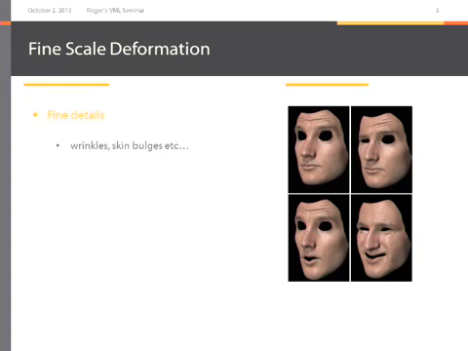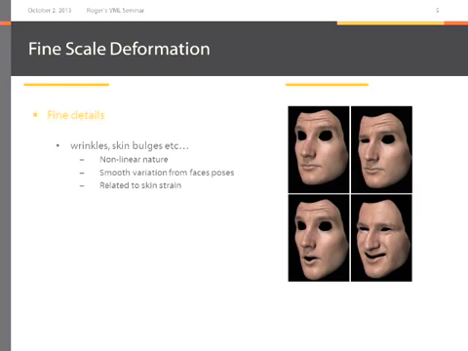So for the fine scale deformation, the wrinkled skin bulges is what is referred to as fine details. However, these details actually are not really linear in nature. Each very similar face may have very different skin details depending on many factors that cannot really be parameterized.